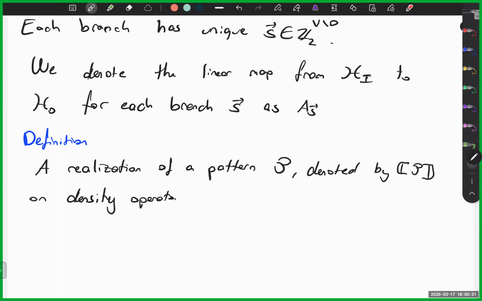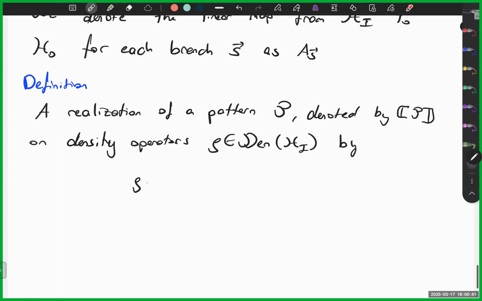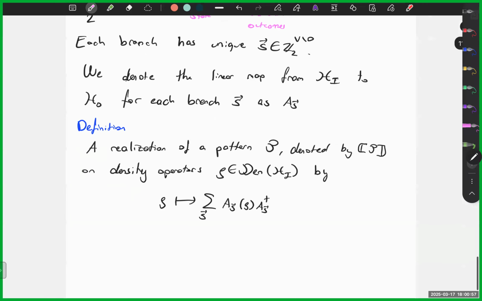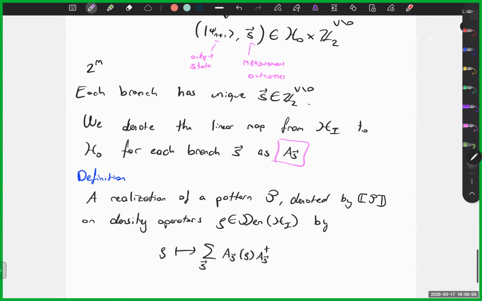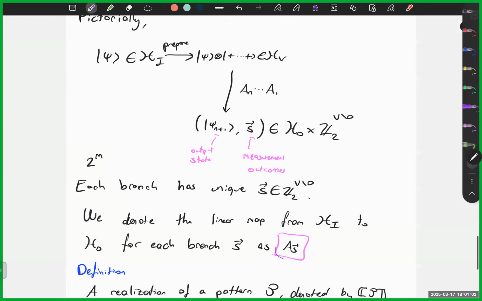So this is basically the states in the input Hilbert space, by sending the density operator to the sum over all possible branches, and those are the operations associated with the branching that we defined here. So this is, sorry, I need to go over it. This operation basically takes this and sends it to this state.